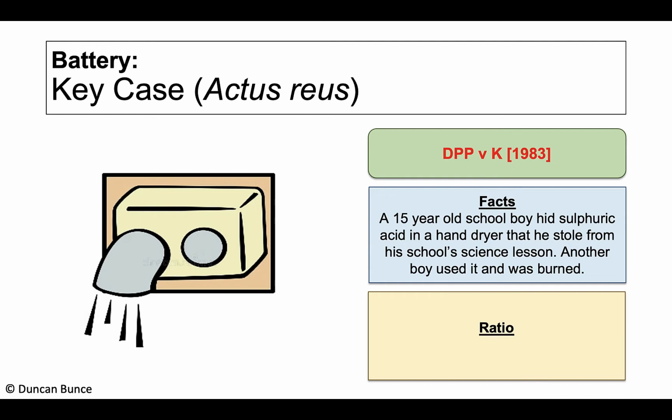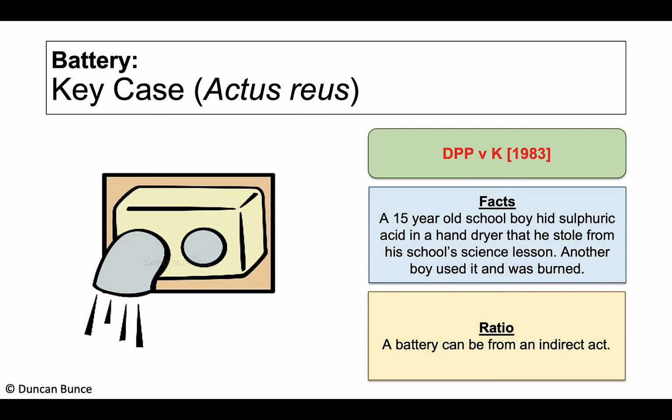Now, why this case is useful for battery in terms of the law is that the ratio is a battery can be from an indirect act. In other words, the defendant does not have to directly touch the victim themselves.